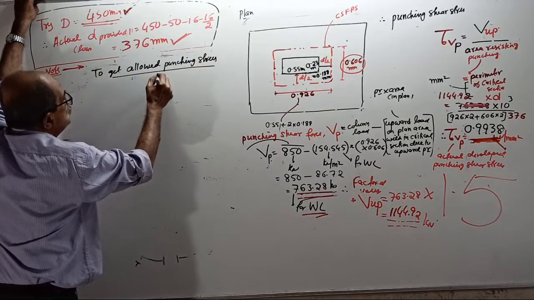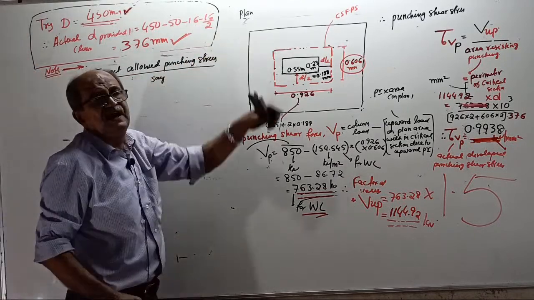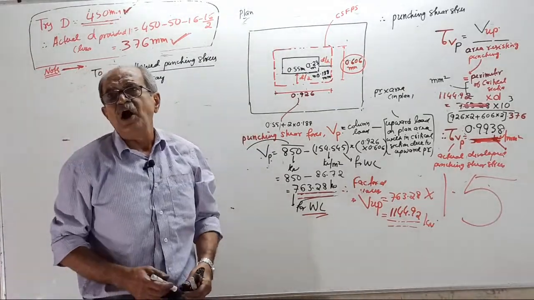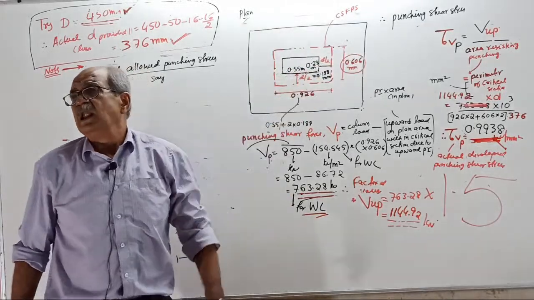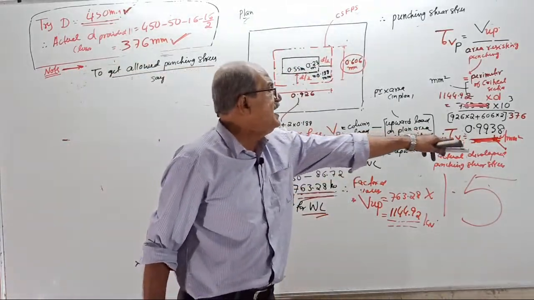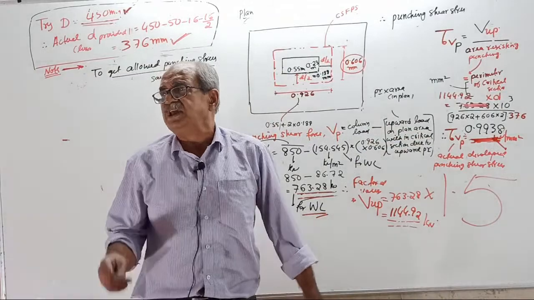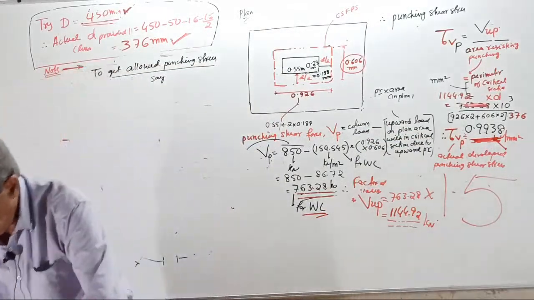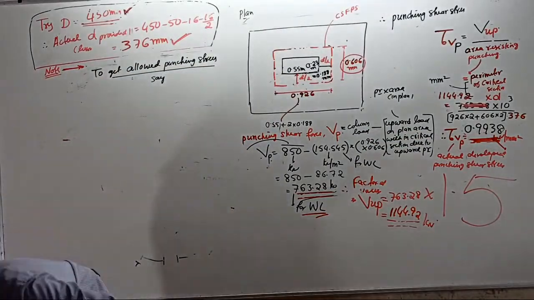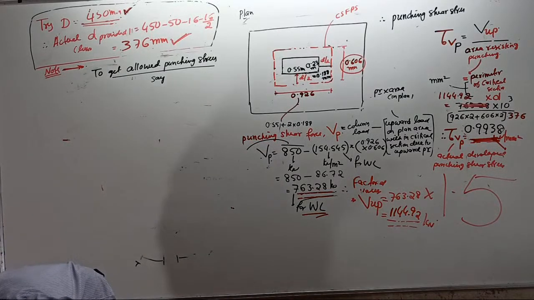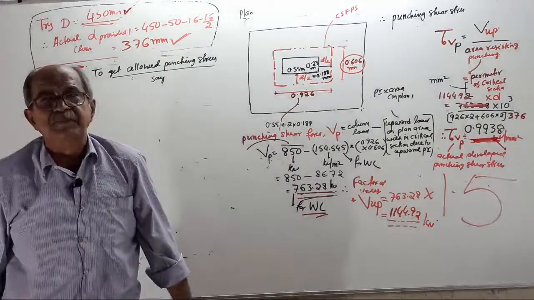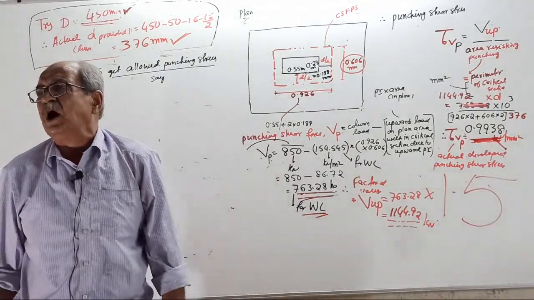Usually for usual shear, allowed stress you call tau C. Yes or no? In RCC up to now, shear stress you call tau V, allowed stress you call tau C. Yes or no? For somebody, high stress is good, like if the bill comes more and more for you, you are very happy, correct?